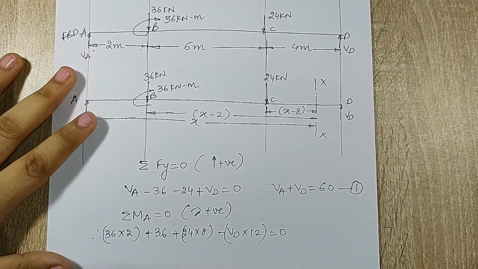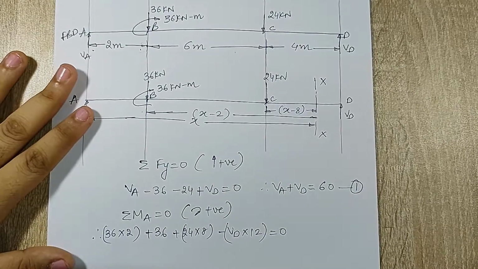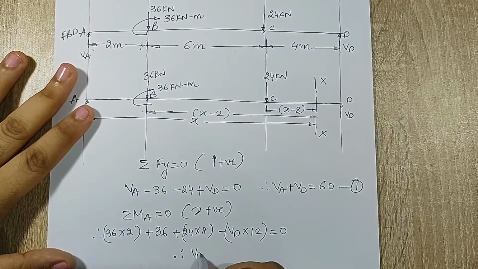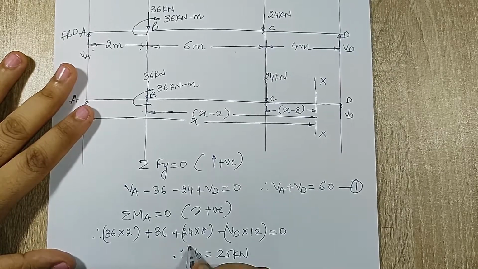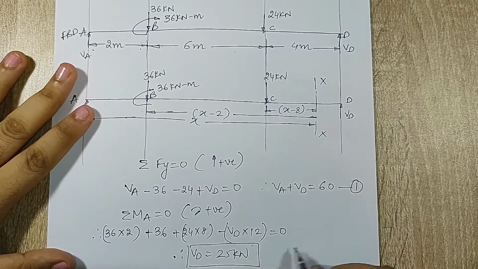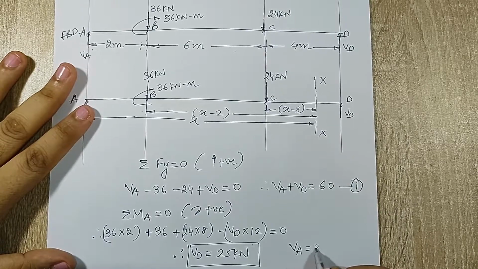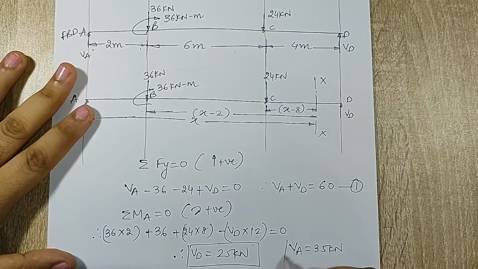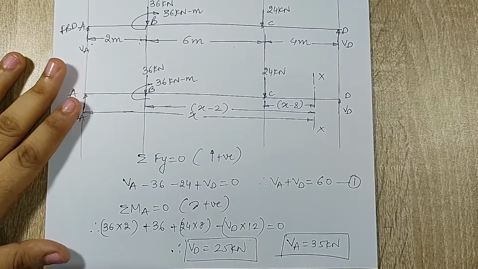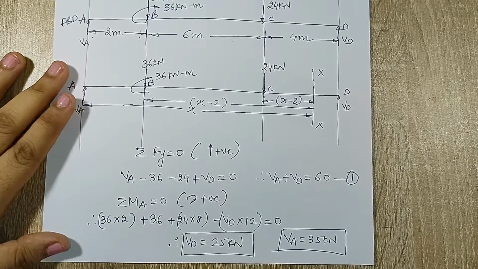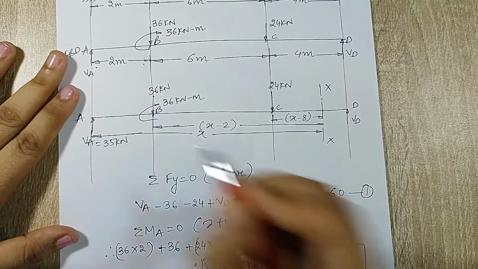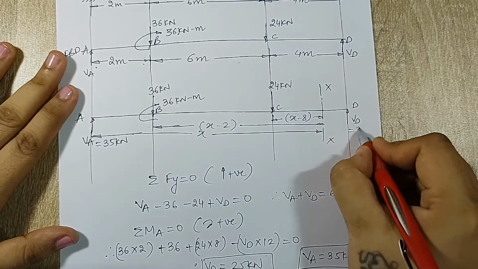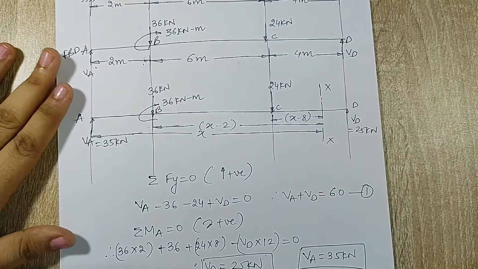If I solve this, I get the value of VD as 25 kilonewton. When I substitute this 25 in equation 1, I'll get VA as 35 kilonewton. So very simply I can calculate the values of VA and VD. VA is 35 kilonewton and VD is 25 kilonewton.